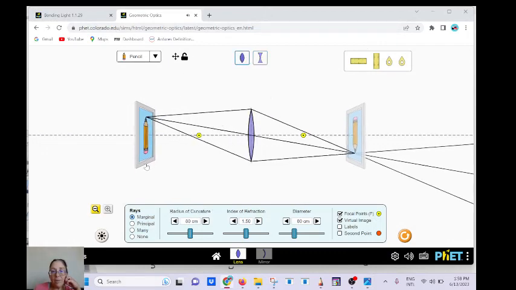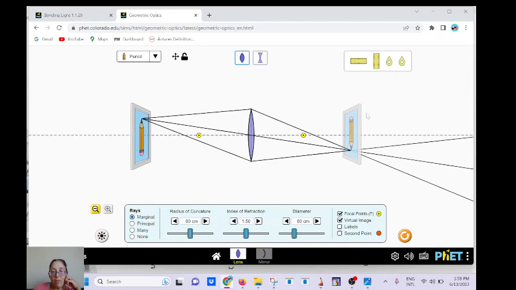If you want an image which is unmagnified, the same size, you have to place the object at a distance exactly twice the focal distance.